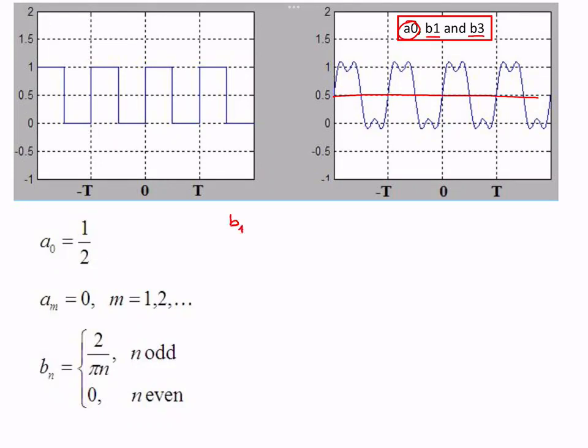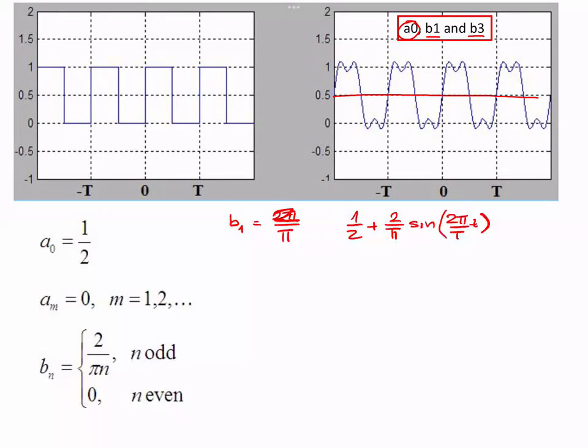B1 is 2 over pi, and I'm adding 1 over 2 plus 2 over pi sine 2 pi t over T, okay?